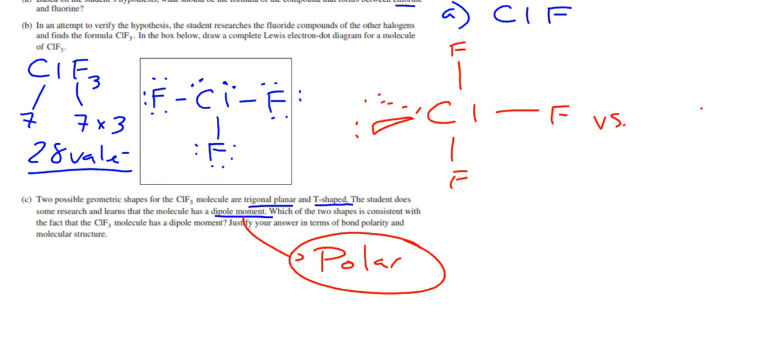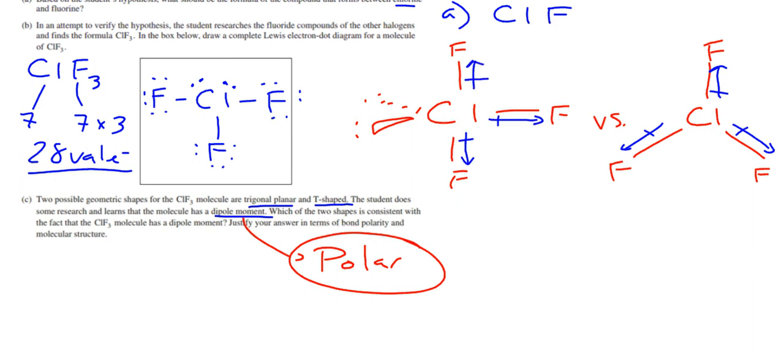Actually, you might want to draw this because trigonal planar looks like this. Dipoles point towards the atoms that are in the most upper right. So F's are always the best. So when you want to talk about something that's polar, I read this every year. It says, explain why it's polar.